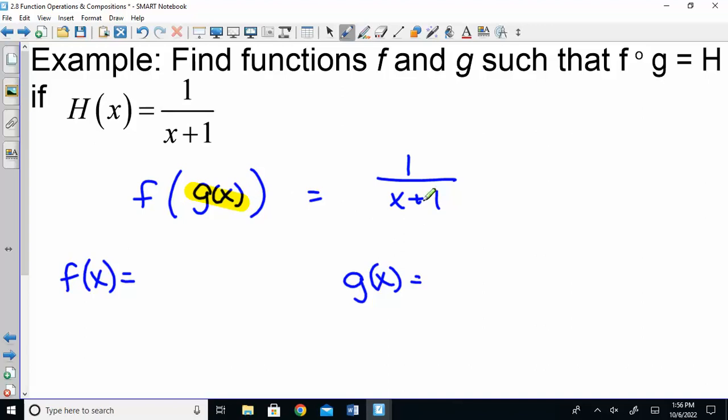So my inside is my g. That's what we do first. If you were going to plug a number in here, what would you do first? Add 1. Okay, so that's g, x plus 1. Then to get f, you basically replace that whole thing with an x. So f would just be 1 over x.